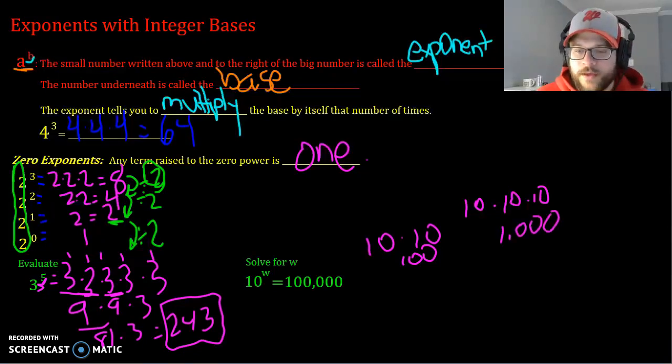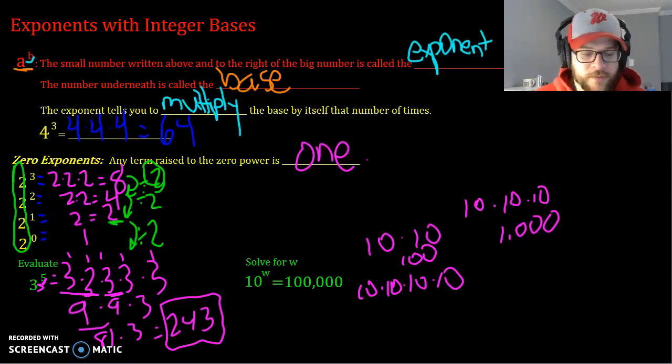We get 1,000. That's still not enough. What about 4 times? Well, we know that each of these is 100, and if you multiply 100 times 100, you get 10,000. Still not enough.